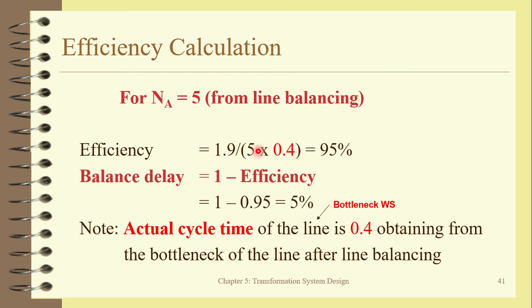Okay, which is the actual efficiency of the line, equal to 95%, and the balance delay is 1 minus efficiency, that is 1 minus 0.95, which is 5%. Alright, okay, balance delay of the actual line is 5%.